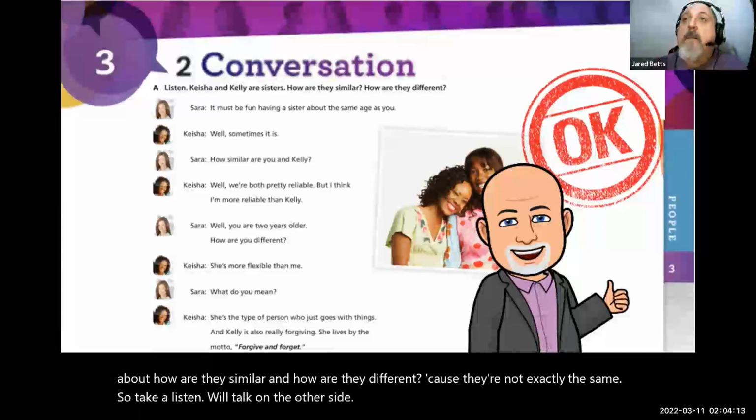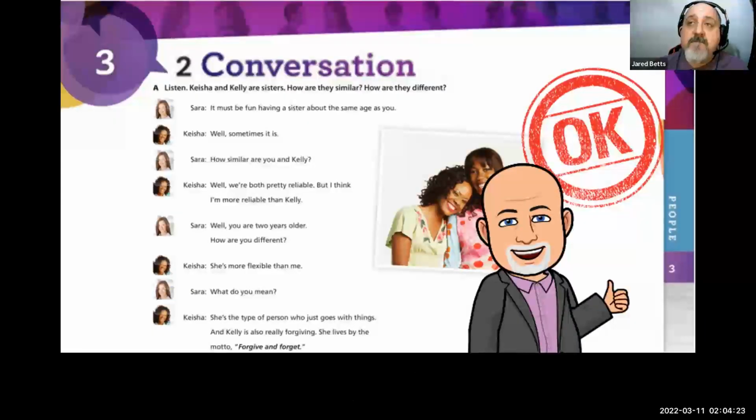Lesson 3. We're both reliable. Page 6. Conversation. A. Listen. Keisha and Kelly are sisters. How are they similar? How are they different? It must be fun having a sister about the same age as you. Well, sometimes it is. How similar are you and Kelly?